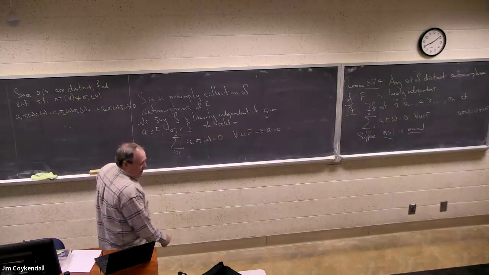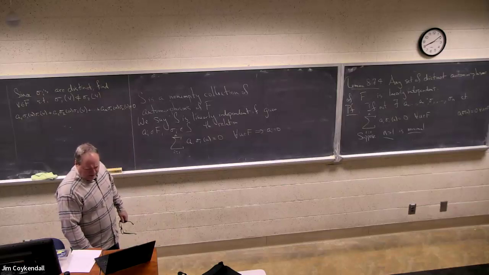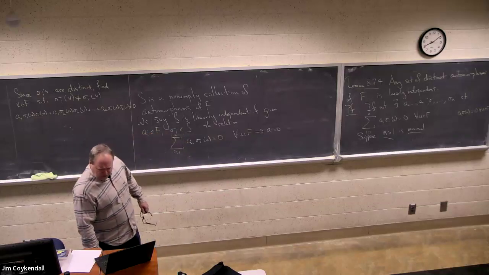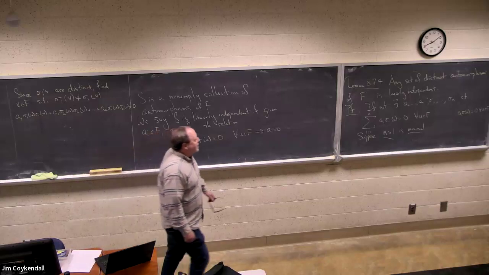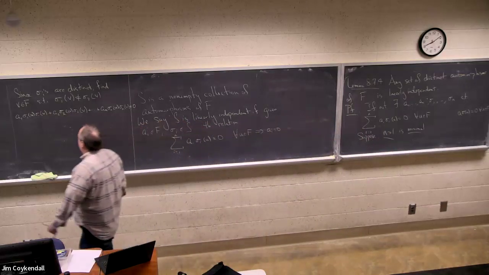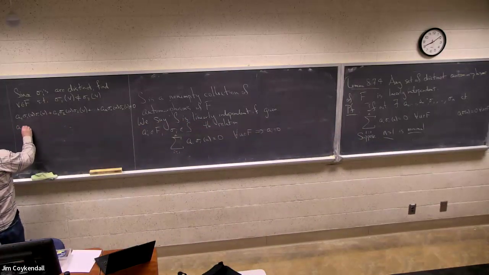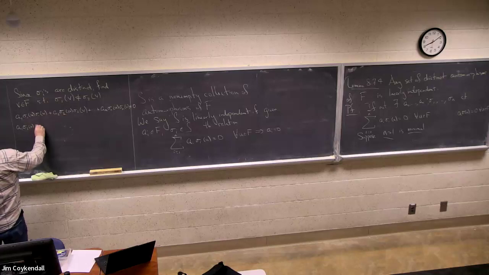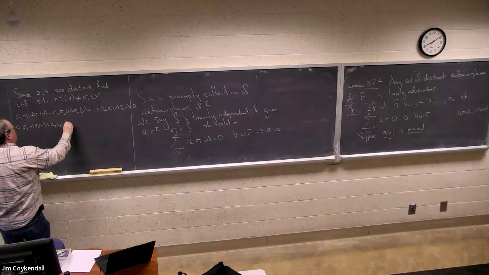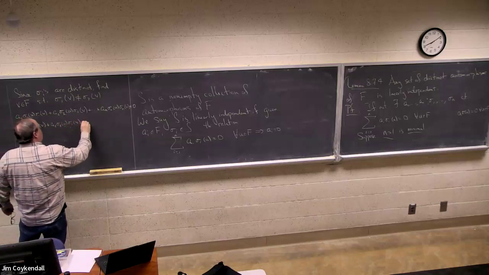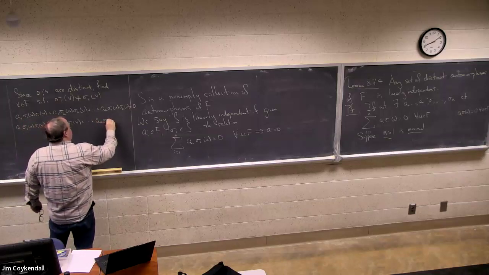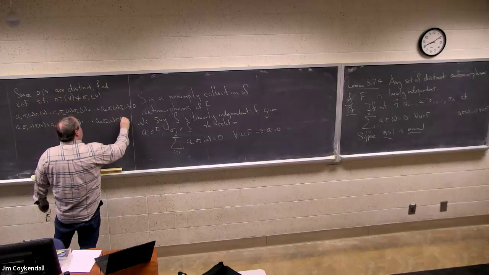We also will multiply this equation by sigma 1(v). I'm also going to multiply this equation by sigma 1(v), and that gives me A1 sigma 1(u) sigma 1(v) plus A2 sigma 2(u) sigma 1(v) plus ... plus An sigma n(u) sigma 1(v).